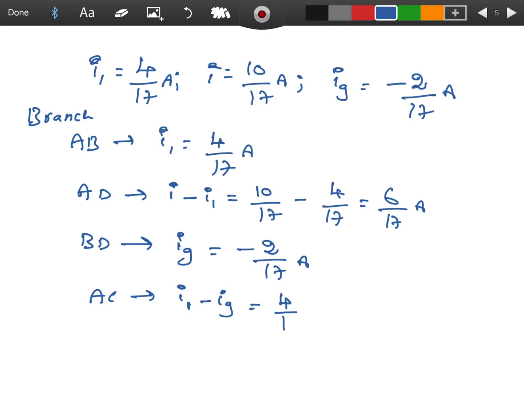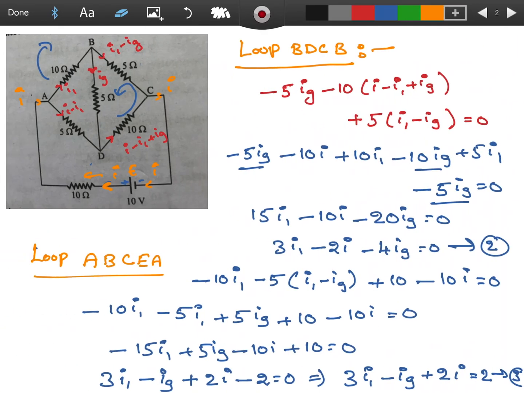I1 is 4 by 17 minus Ig, Ig is minus 2 by 17, which is 6 by 17 ampere. Then BC and DC.